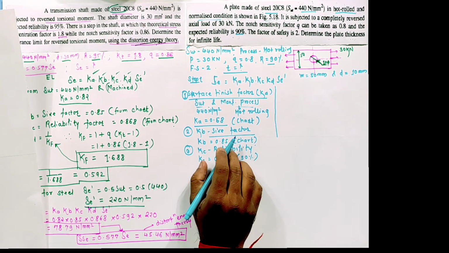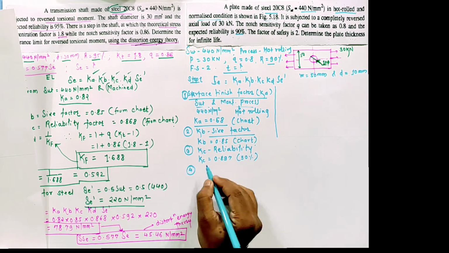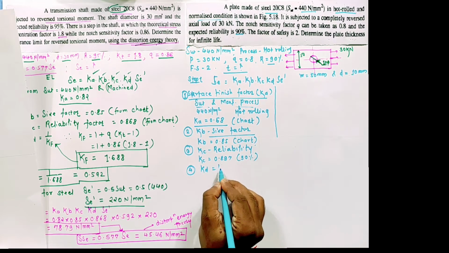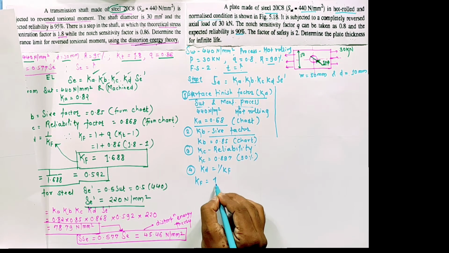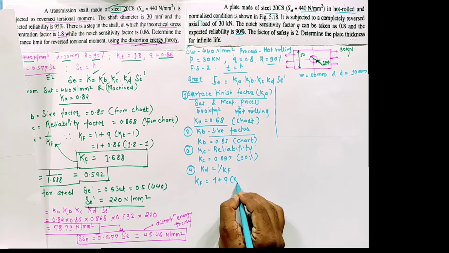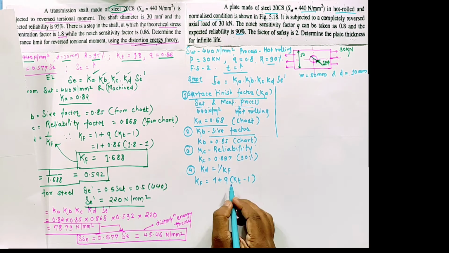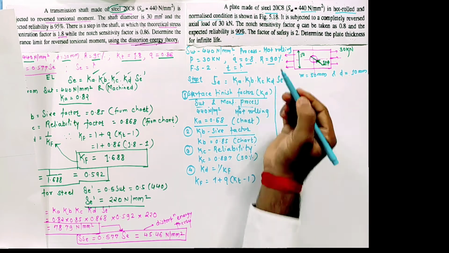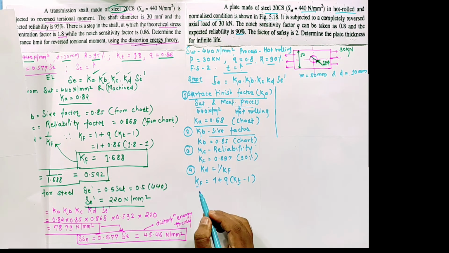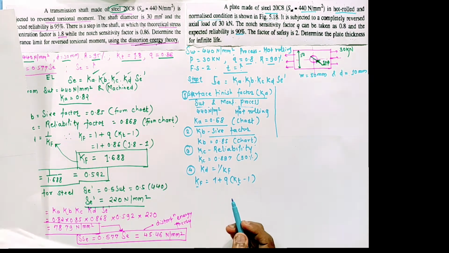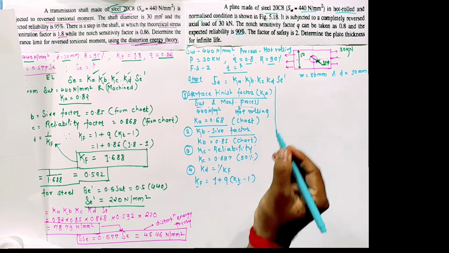Again, it can be from the chart. Fourth, Kd is nothing but 1 by Kf. But Kf is 1 plus q into Kt minus 1. So q is given, 0.8. Kt is not known. Once I know the Kt, then I can find the Kf. So I'll calculate the Kt. q is given, so Kt from the graph.